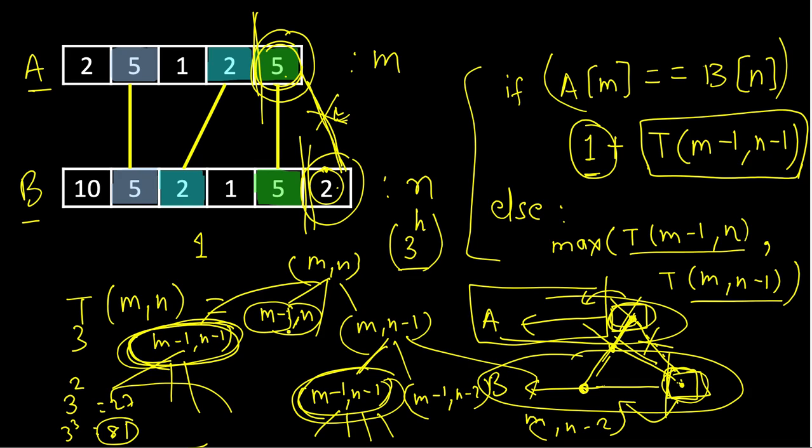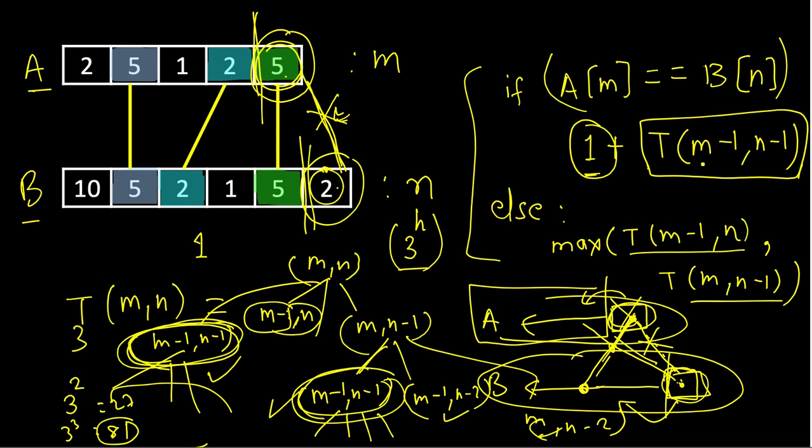Both properties are satisfied here. Overlapping subproblems, you can see that there is a high overlap. This is solved, we are solving it again, and all of these will be solved here also if you expand this. So overlapping subproblems is the first property, and optimal substructure, that is if we find the optimal solution of smaller subproblems, then by solving them we get the optimal solution of the larger problem.